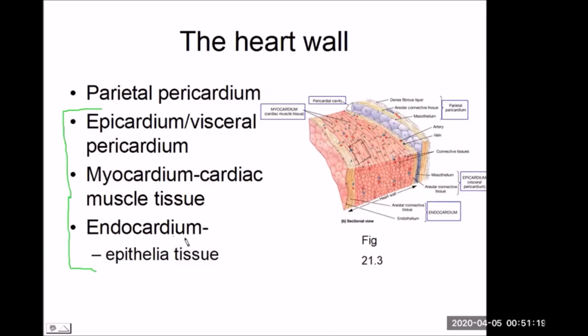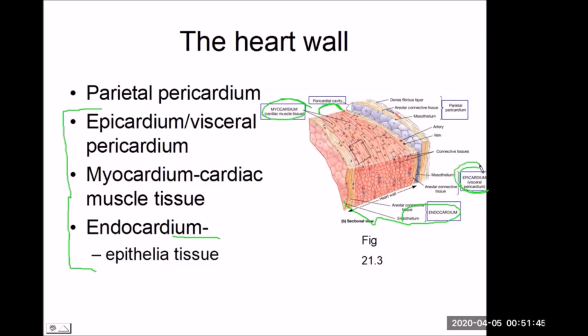So from the internal surface, lining the inside of the chambers, lining the hollow surface of the heart, the endocardium. The majority of the heart wall, again, comes from the layer of cardiac muscle tissue, so the myocardium. And the superficial layer of the heart, again, you notice here, epicardium, also known as visceral pericardium.